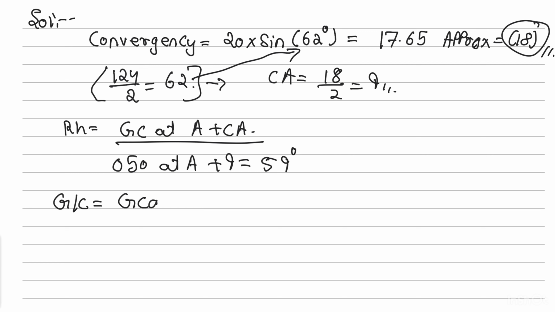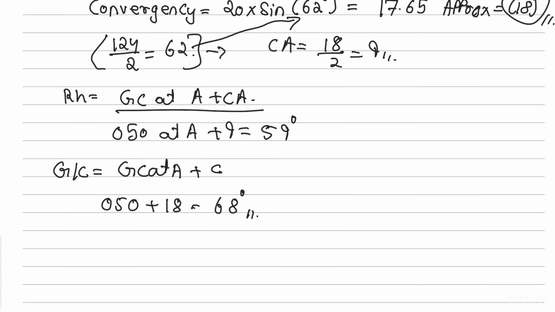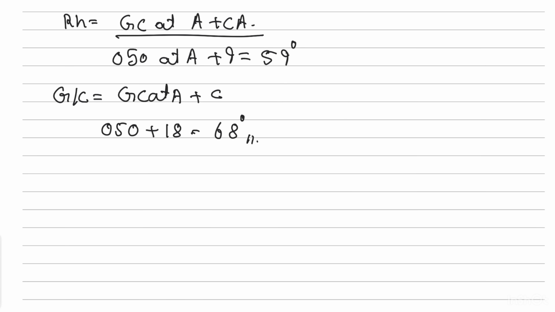So great circle at B, so plus convergency. So 050 plus 18, yes. So 18 is equal to 68 degrees. So let's add 68 degrees. So let us mark it. Sometimes my eyes can deceive me.